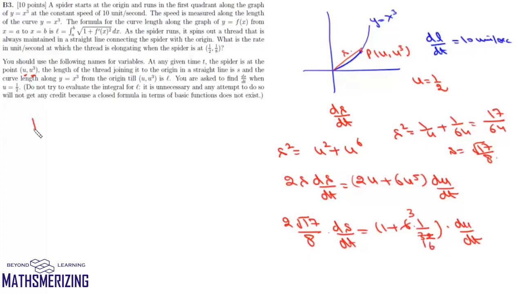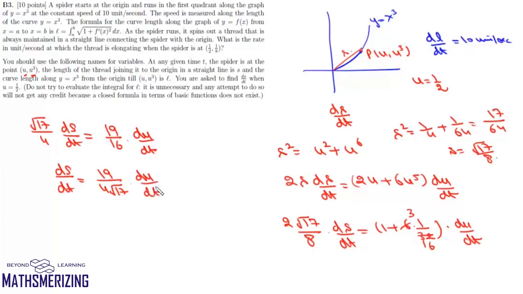So we can write this as under root 17 upon 4 ds by dt, and it will be equal to 19 by 16 du upon dt. Now we'll take everything on the right hand side. We can write ds upon dt as 19 upon 4 under root 17 du by dt. Now we need to find out du by dt.